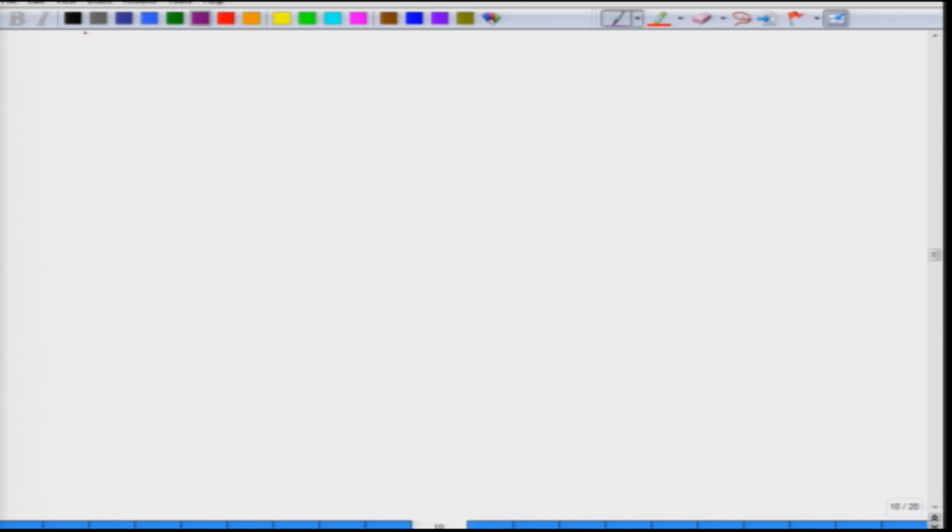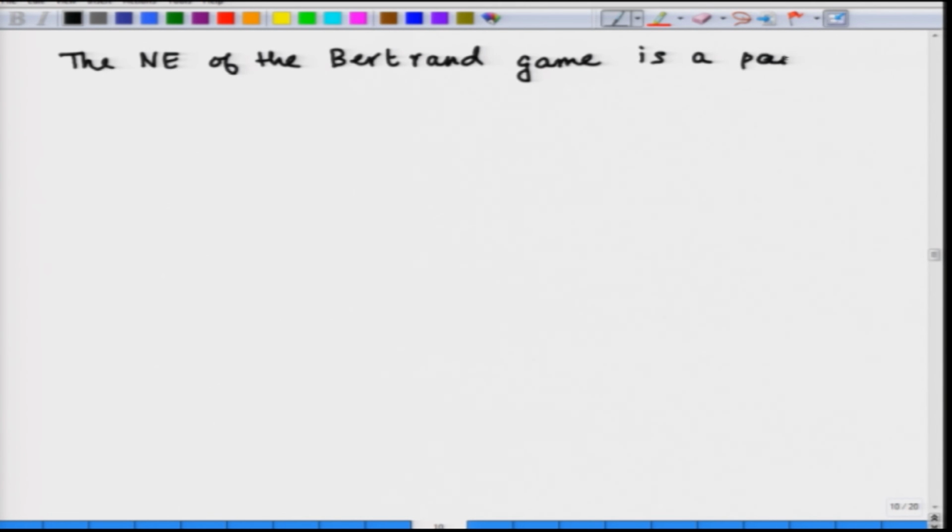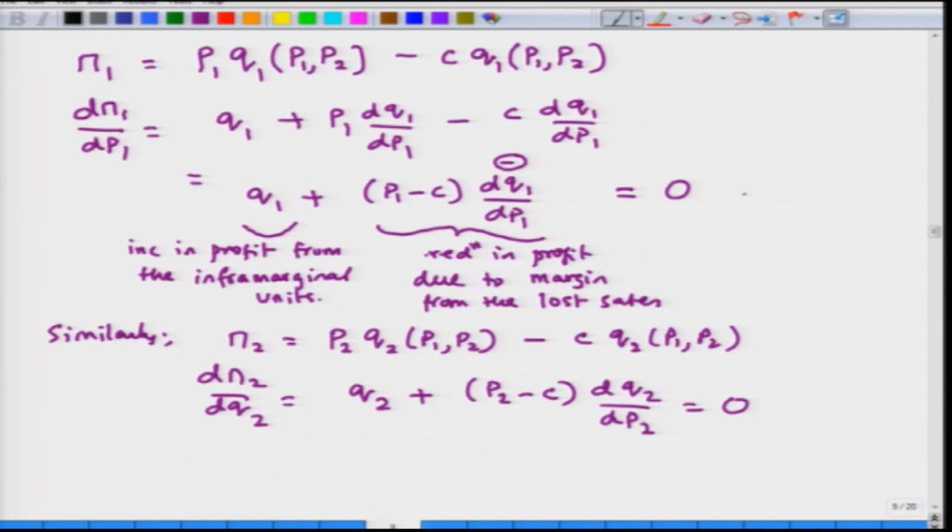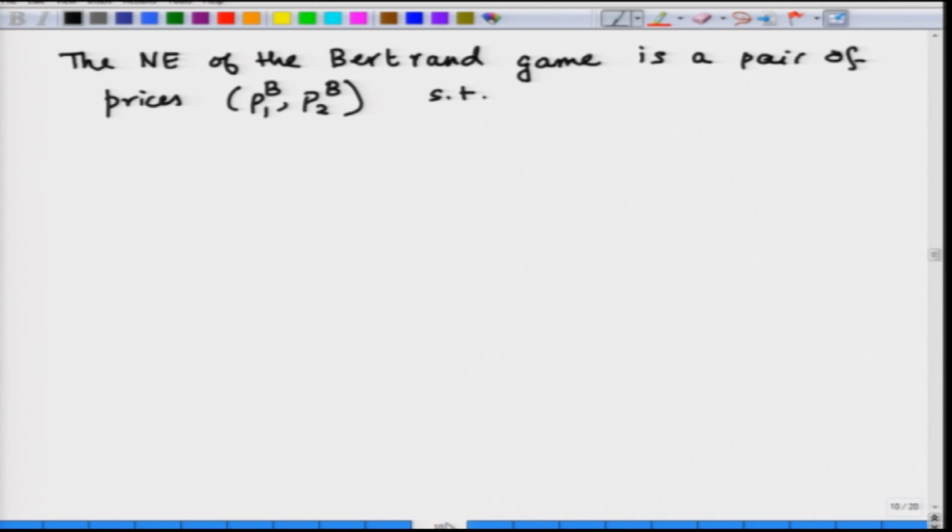Okay. So, now the Nash equilibrium of the Bertrand game is a pair of prices P1B and P2B such that they solve these two first order conditions. I call this 1 and this 2.